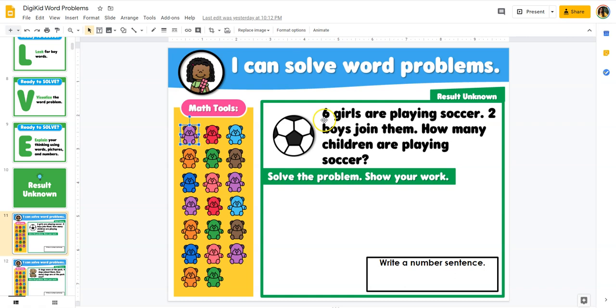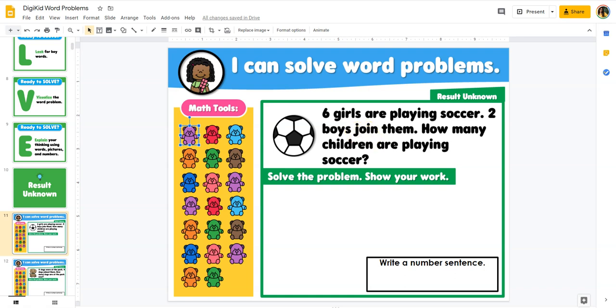So in this case, it says 6 girls are playing soccer. 2 boys join them. How many children are playing soccer? So you can use your math tools and you can drag each little bear over to help you when you're counting. So just like this, if there's 6 girls playing soccer, 2 boys join them.